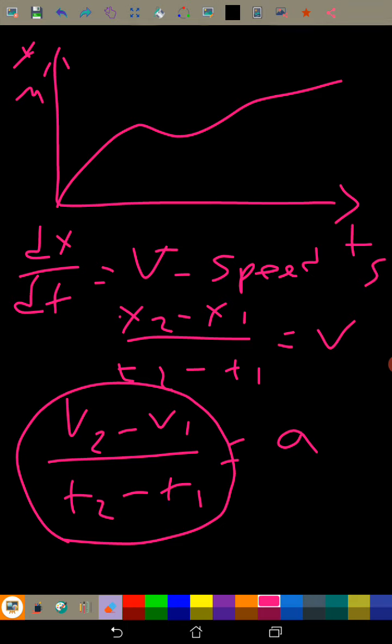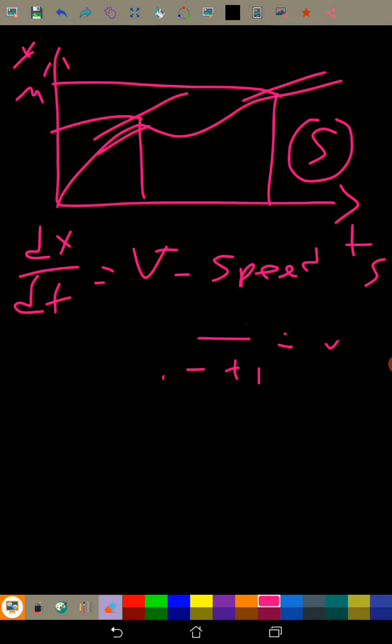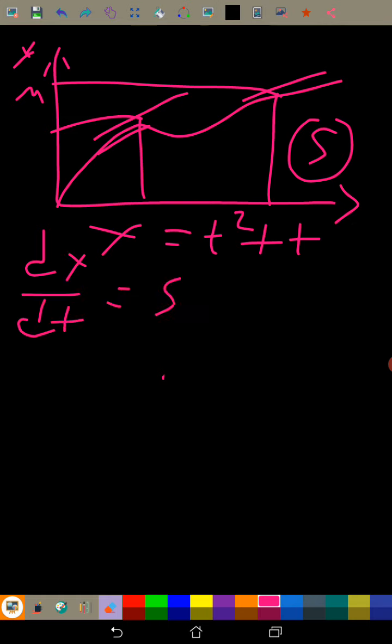So x against t gives us this graph, and if we look for the gradient at any moment on the curve, we'll get the speed. But what if we do a second derivative? So that's what we are going to learn. For example, we have x equal to t squared plus t, and if we do dx by dt, we'll get the speed, 2t plus 1.